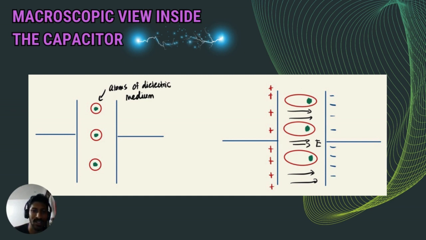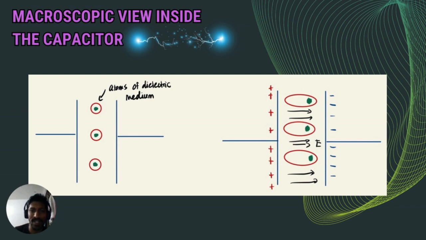This is called a distortion or movement of electron clouds. In a way, the distortion or movement of electron clouds towards the positive end of this capacitor can also be seen as a movement of current, and that is why it is called a displacement current.